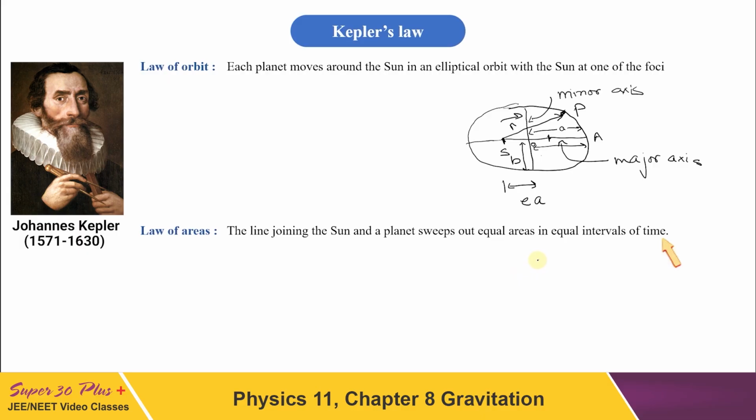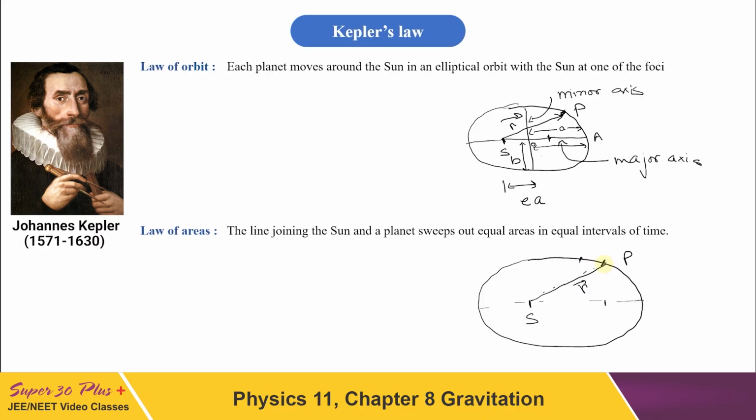Let us consider this again. This being the elliptical orbit, this is the location of one of the foci where the Sun is, and this is the location of a planet at a given moment of time. Let this position vector be r. Now let us consider a small interval of time, delta t.